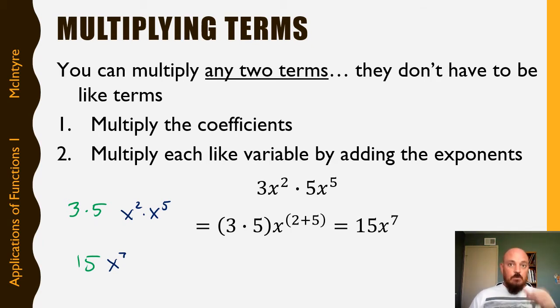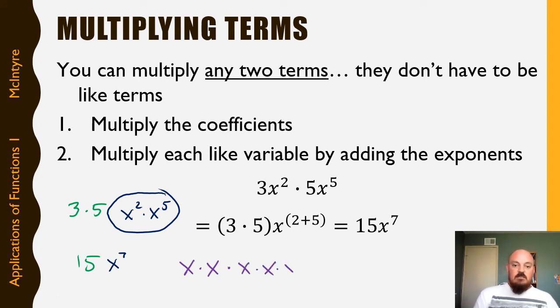And one thing I want to go over with you guys, just to remind you why that rule is, if you look at this problem right here where we have x squared times x to the 5th, what that means, the x squared really means x times x. That's what x squared means. And I'm going to multiply that times x to the 5th. Well, then what that means is x times x times x times x times x.